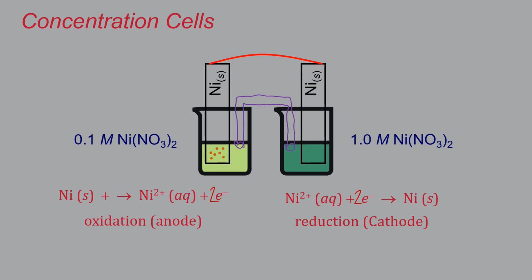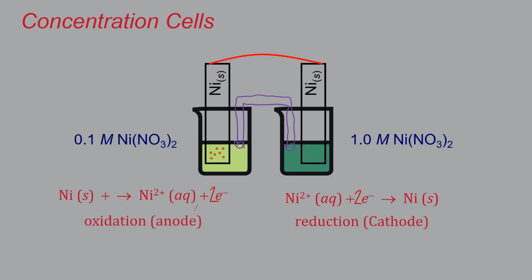Assuming that the impurity does not react in this system, and you could design it like that pretty easily, remember that this is the anode, so this metal electrode is losing mass because the nickel atoms in there are becoming nickel ions.